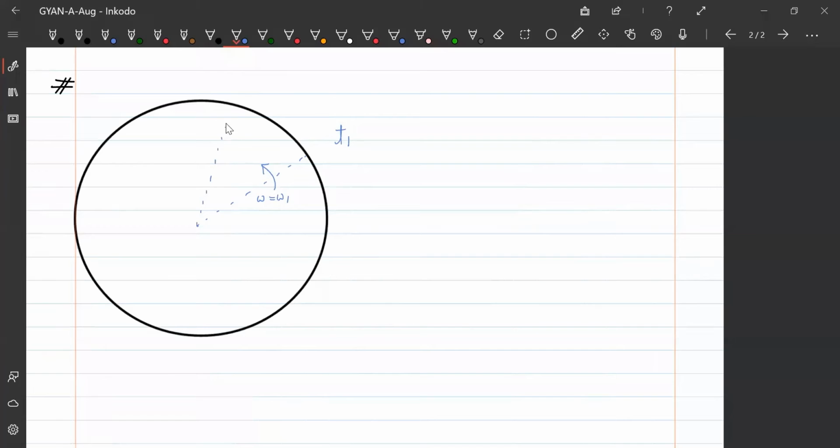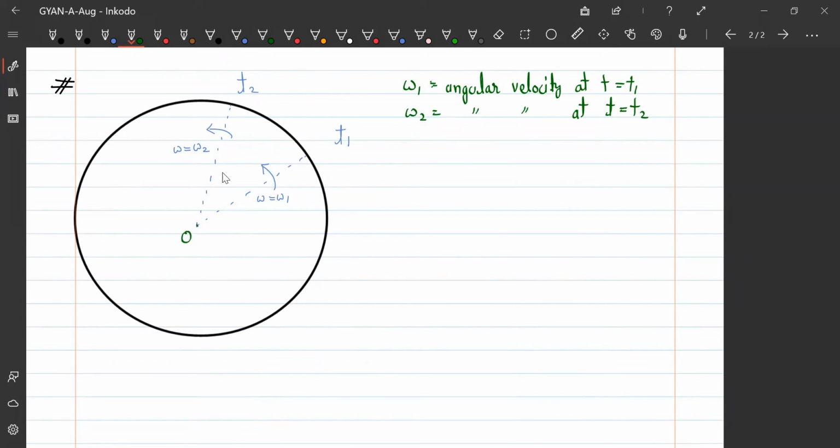And at some time t2, the instantaneous angular velocity was omega 2. So omega 1 is angular velocity at time t1. Similarly, omega 2, that is angular velocity at time t2. So दोनों टाइम पे angular velocity पता है.